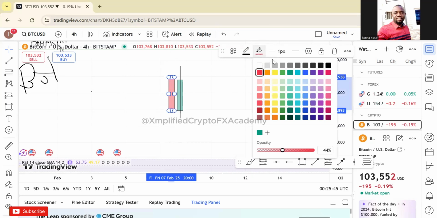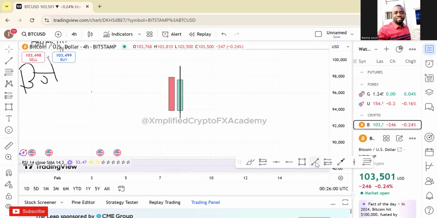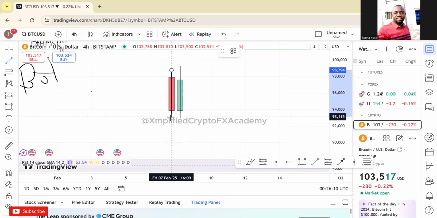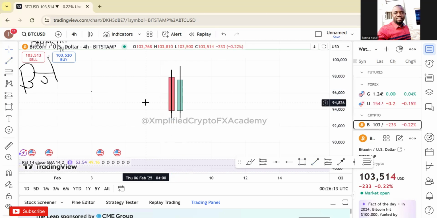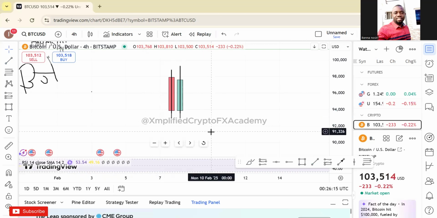The opacity is not that loud. So this is the trend line, and this is how a tweezer bottom looks on a chart.